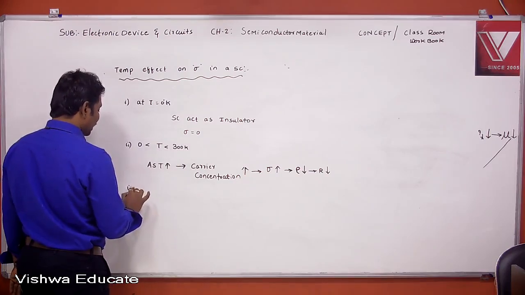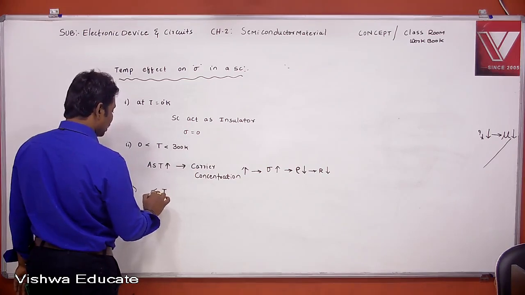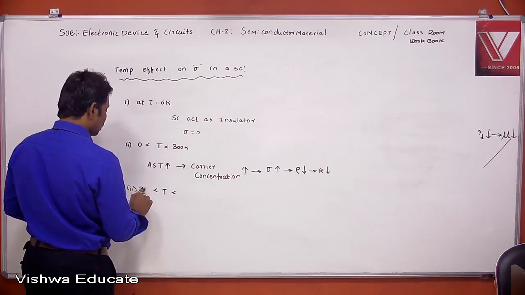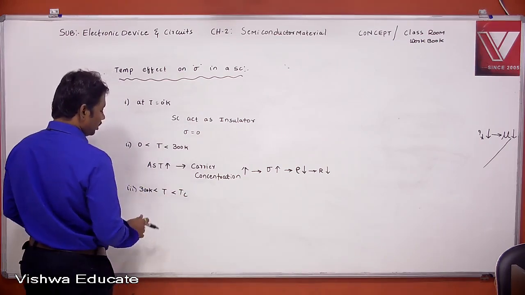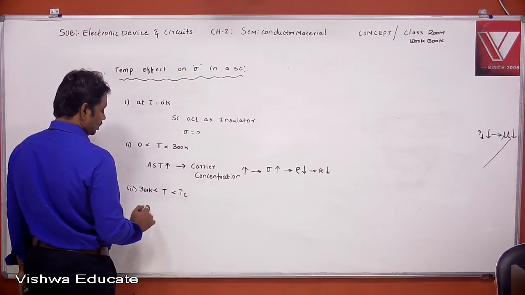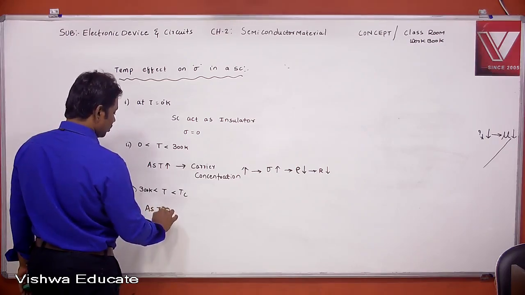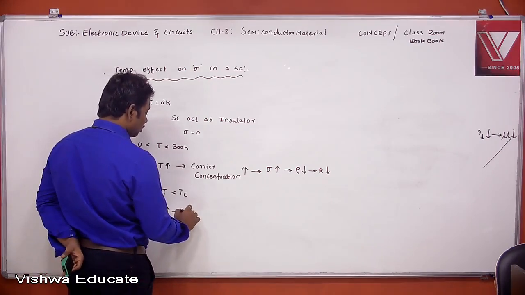Now I can increase the temperature beyond 300 degrees Kelvin. That is, temperature lies between 300 degrees Kelvin and Tc, where Tc is the critical temperature. What happened in between? As temperature increases, mobility decreases due to collisions.